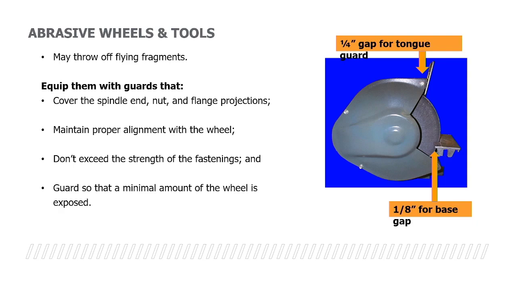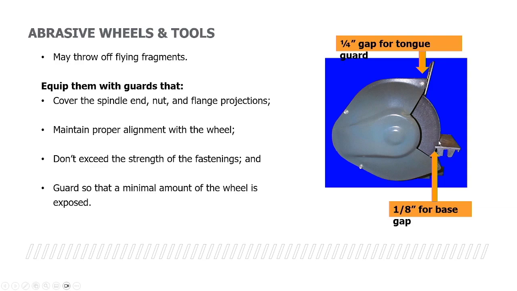The other most important thing, if you look at the picture on the screen, is what they call the tongue guard. The tongue guard at the very top is adjustable. It needs to have at least a 1/4 inch gap, basically from the stone itself to the guard mechanism, as you can see right here where the arrow is pointed. And then 1/8 inch for the base gap, which some people call the tool rest area.